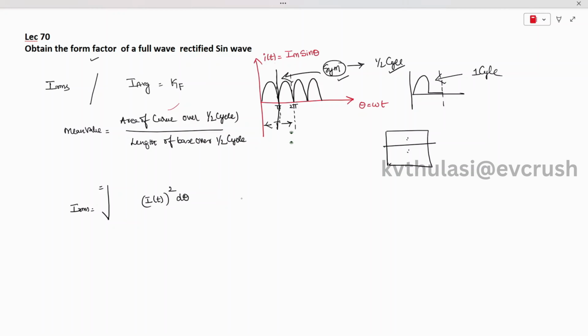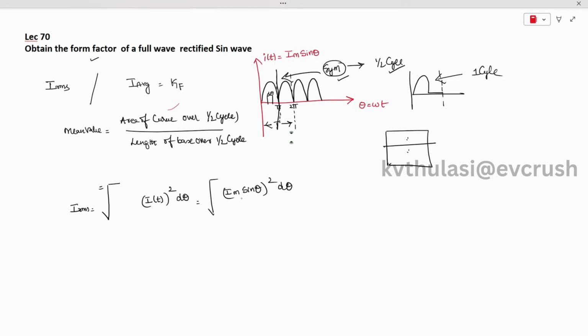Let us take a small d theta, find the differentiation, and the integral of this d theta will give the total area. So we need to find I square, and we have to perform the root of this value. So this is equal to root of I square, and I can write it as Im sine theta, so this is I square into d theta.